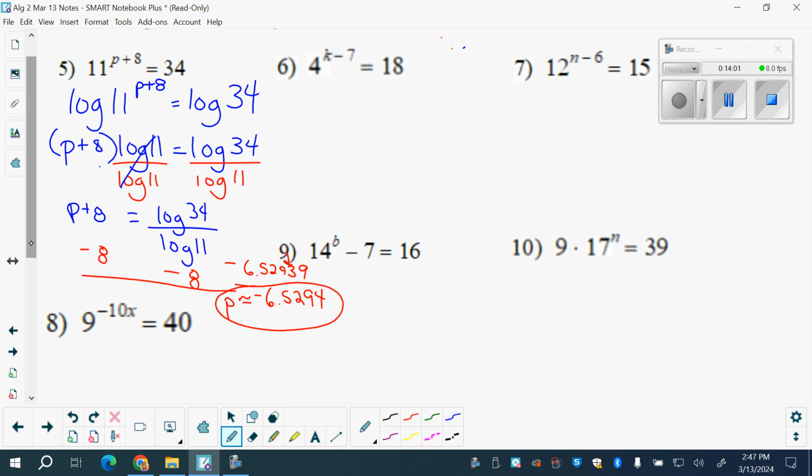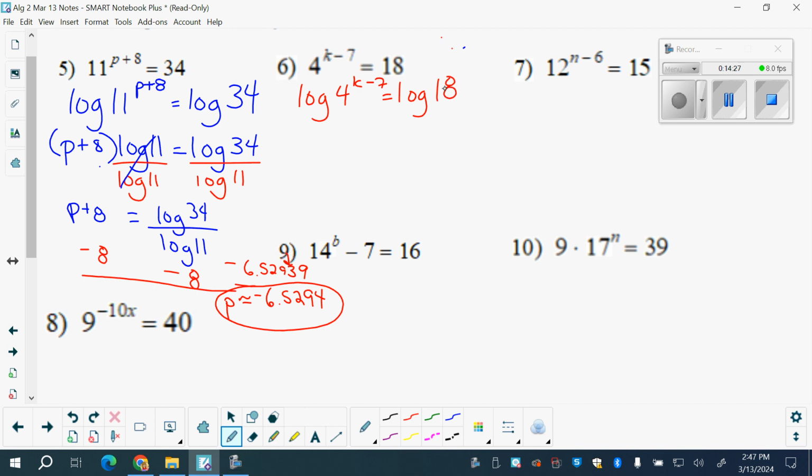Okay, so what do I do first on number 6? Can somebody tell us what we do first on number 6? Very good. Take the log of both sides. Can't do anything until we do that, because we want to get to that exponent, and taking the log of both sides allows us to do that.